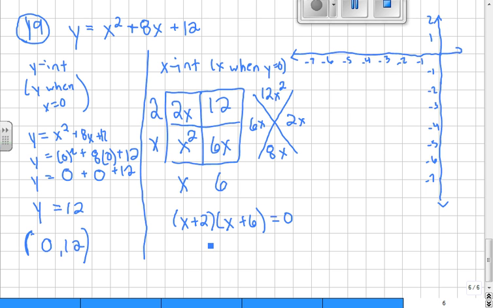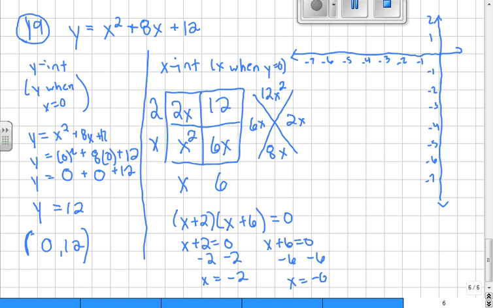Well, now we can use our zero product property to solve for our x-intercepts. So that's going to be x plus 2 equals 0, and that's going to be x plus 6 equals 0. So I'm going to subtract 2 from both sides, and that gives me x equals negative 2. Over here, I'm going to subtract 6 from each side.